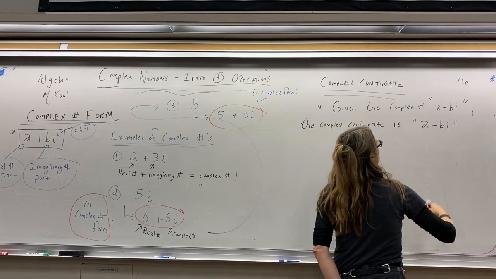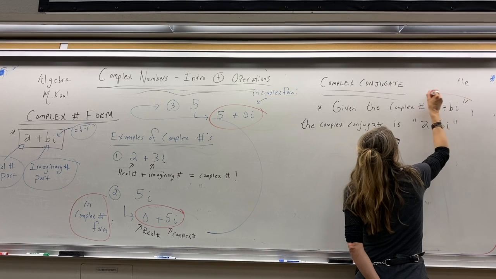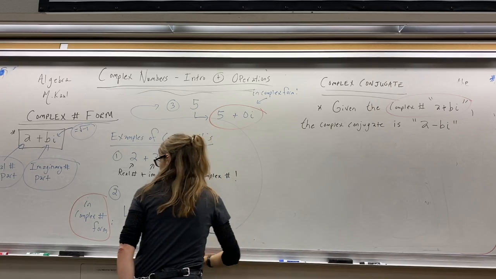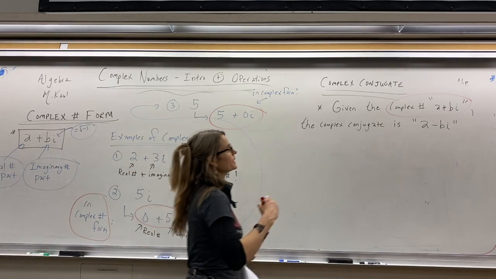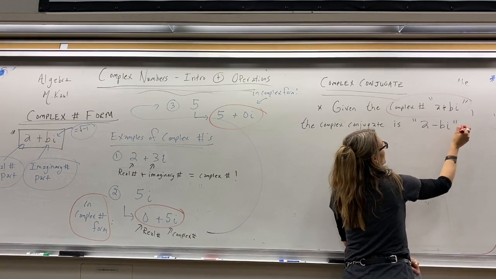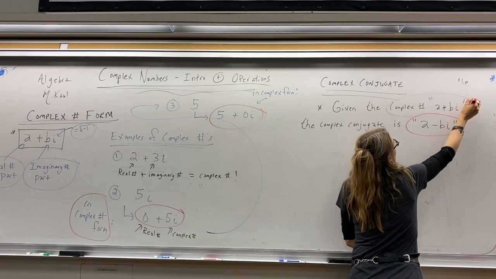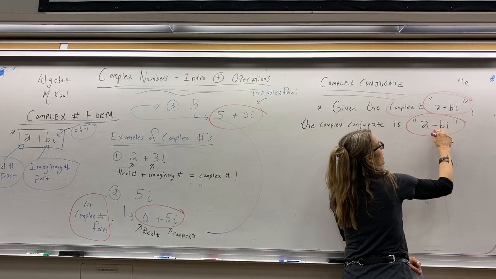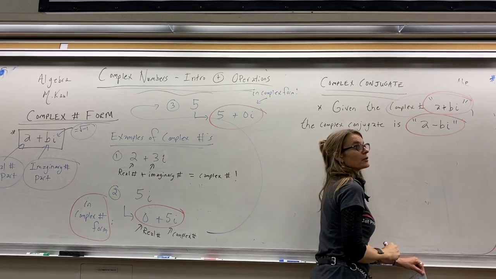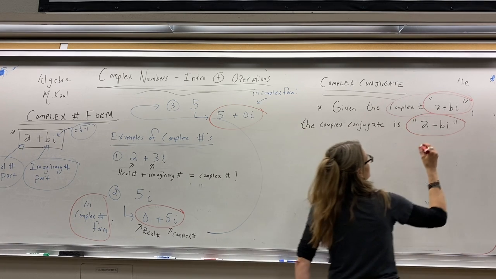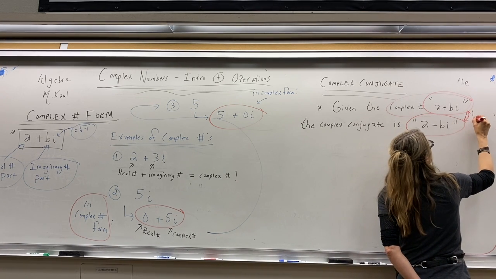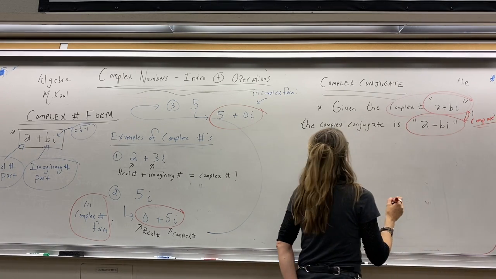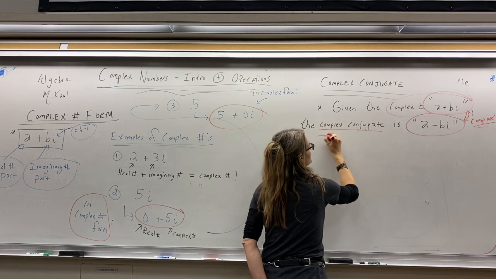So if you have a complex number that's a plus bi, then the conjugate will be the same real number part, but opposite in sign with your imaginary part. So compare these two. This is called the complex conjugate.